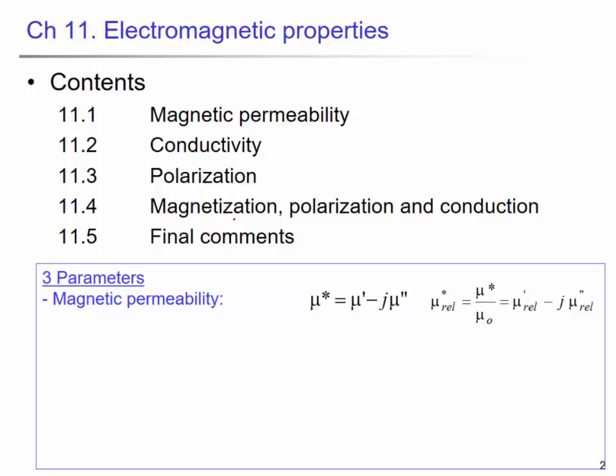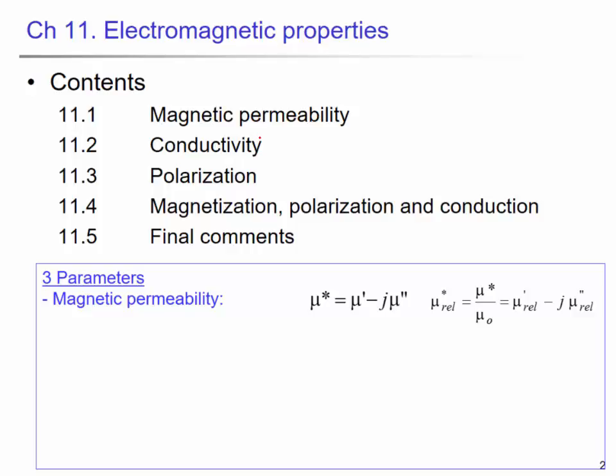First is magnetic permeability, and this is a complex property, right? Because there could be some phase shift compared to the external magnetic field change. So when you apply the AC, the alternating magnetic field, then you have amplitude and phase shift, so you can use a complex number.